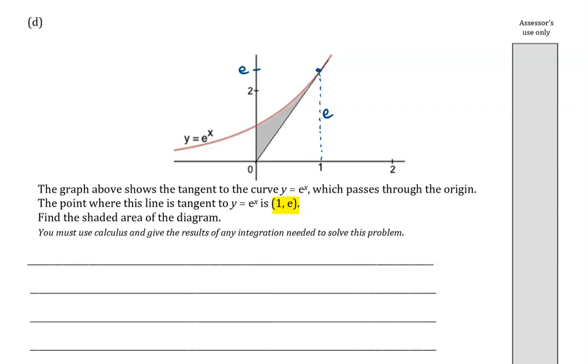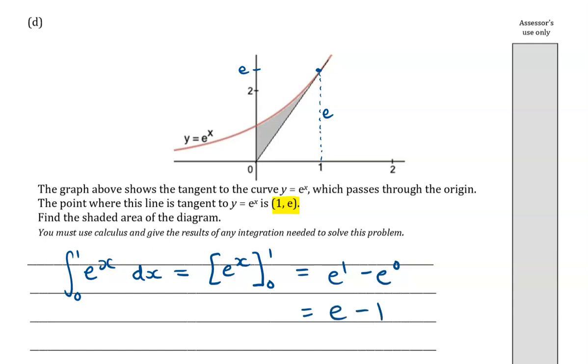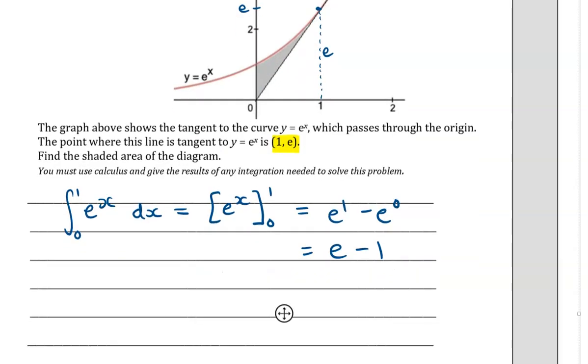Okay, so now we want to integrate the function. So e to the x between 0 and 1 will give us that area under the curve. Now if we integrate e to the x, we simply get e to the x. So then we get e to the 1 minus e to the 0, or e minus 1. And then the area of the triangle will be half times the base times the height.